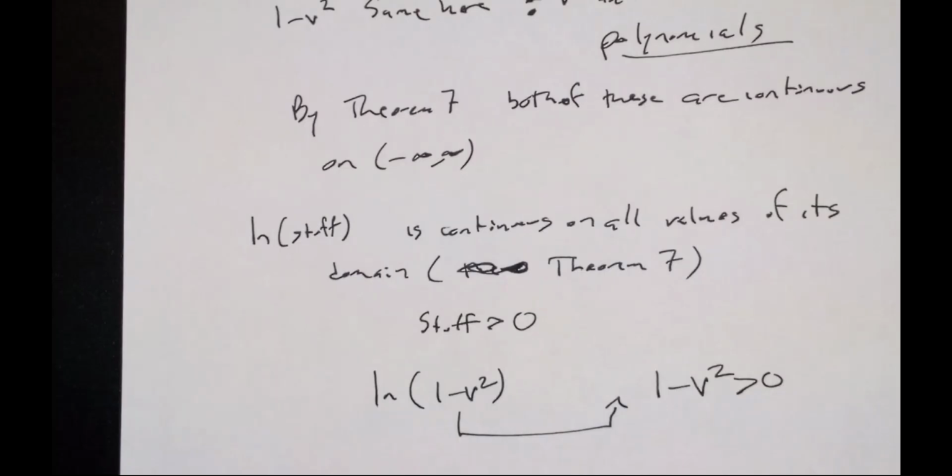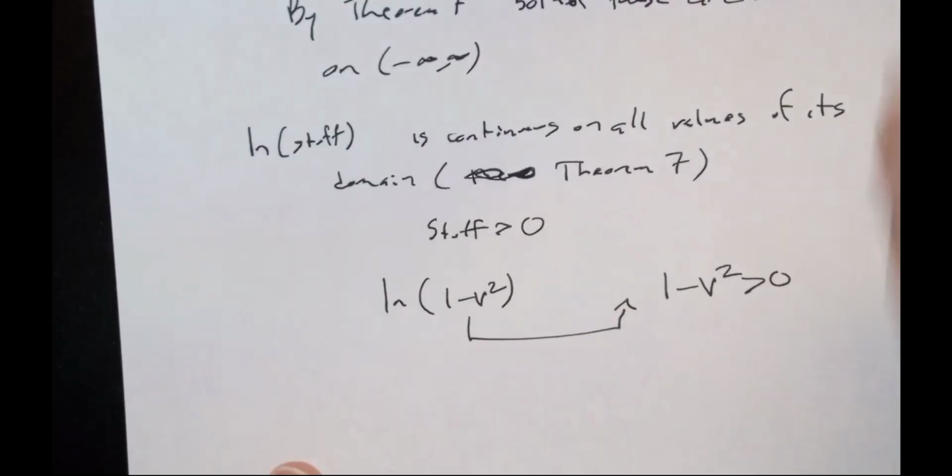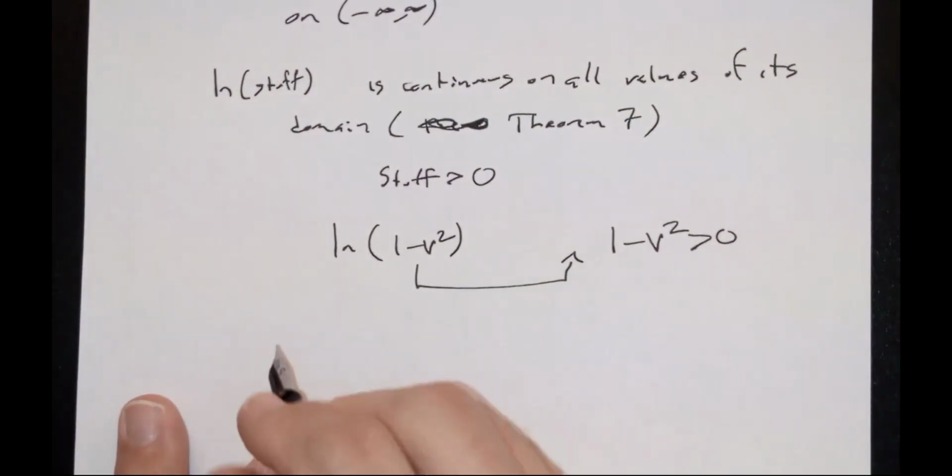Now, there are 3 different ways you can do this. You can do this algebraically. In order to solve a polynomial inequality, algebra class, chapter 9, 10, somewhere back there, section 4, 5-ish, we did inequalities involving polynomials. First, you set it equal to 0, and then you figure out what's going on in between, right? So I could do this algebraically. Where is 1 minus v squared equal to 0?